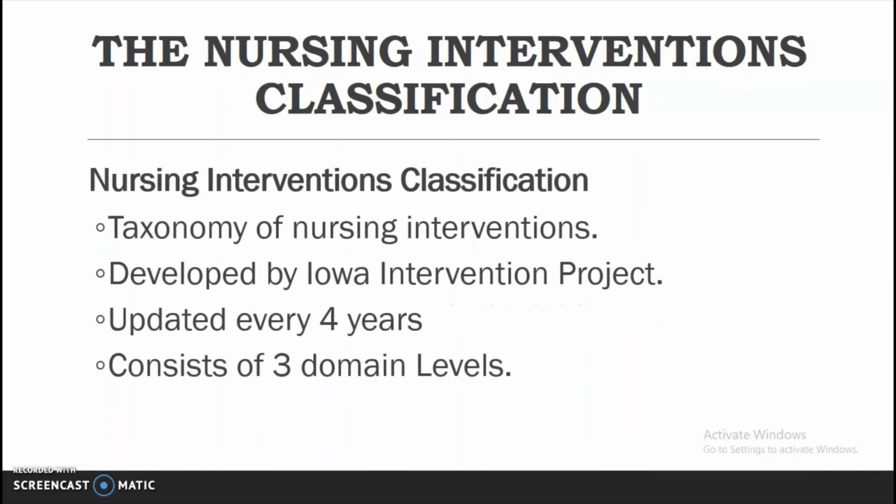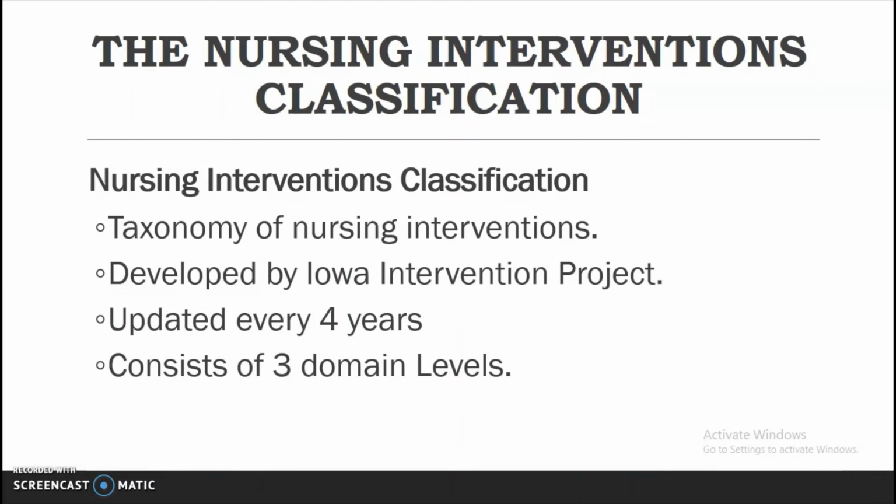Okay, the nursing interventions classification, including its taxonomy of interventions, was developed by the Iowa Interventions Project, and it is updated every 4 years. It consists of 3 domain levels. So this is another book like NANDA, but it is more on the nursing interventions that will address specific nursing conditions. Okay, so they are interrelated. So that is your planning phase.